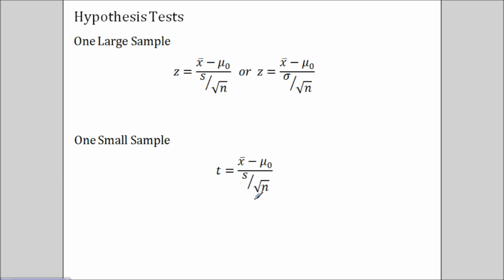Now, hypothesis tests. No matter what you're doing, you're always going to develop, in the exact same way, a null and alternate hypothesis. And you're going to develop a rejection criterion based on what your alternate hypothesis comes out as, and compare it to your test statistic.